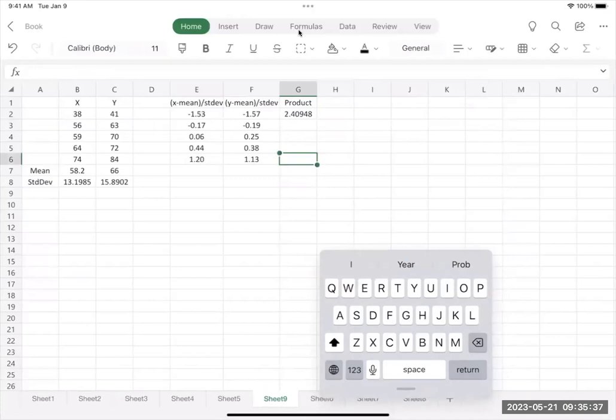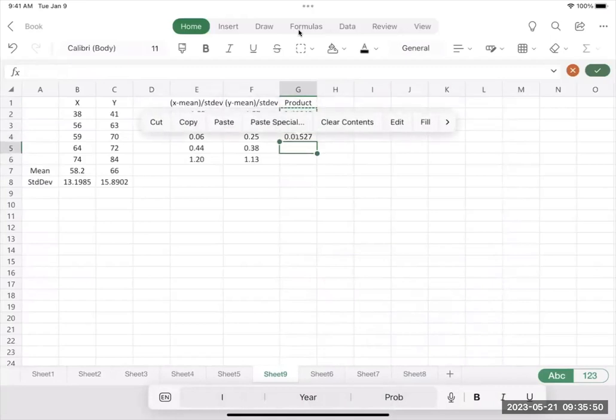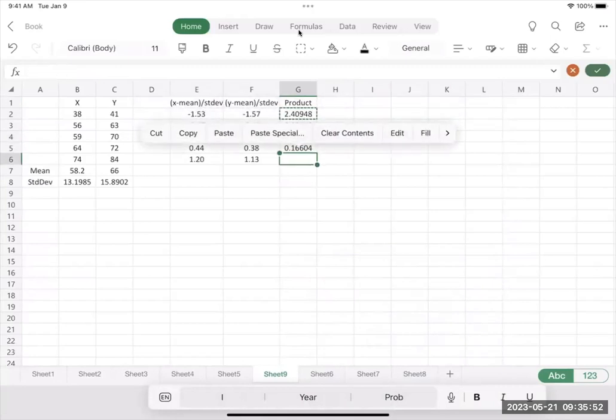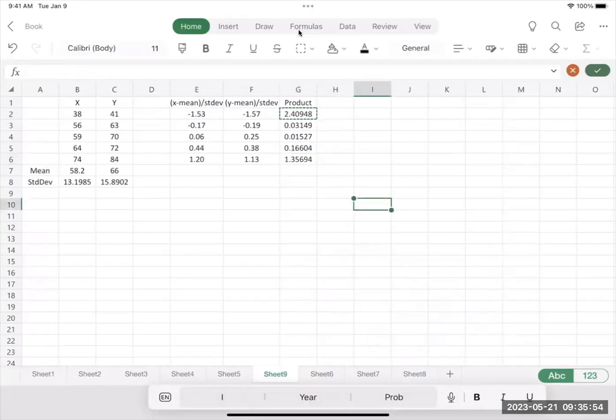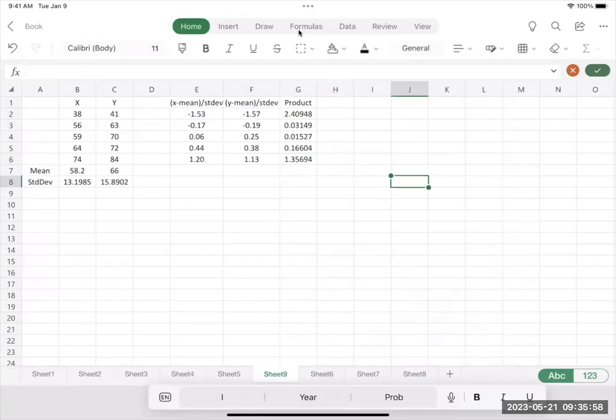And that happens all the way down. They all become positives, because they're behaving the same way in terms of direction.